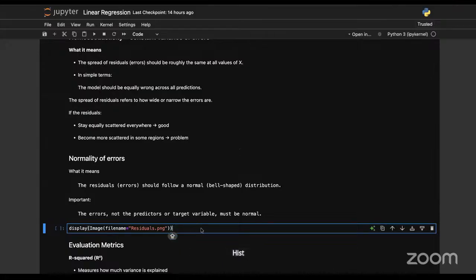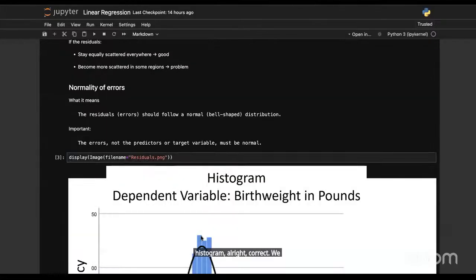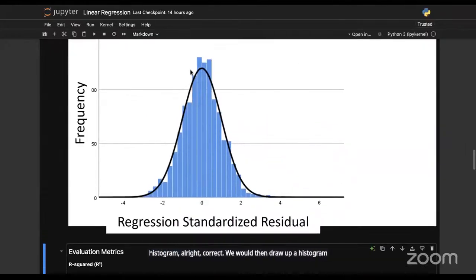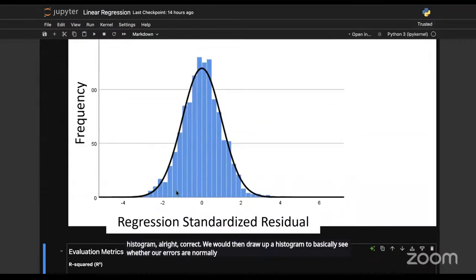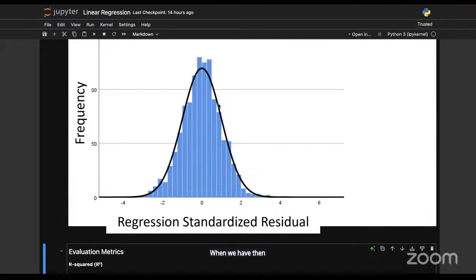Histogram. All right, correct. We would draw up a histogram to see whether our errors are normally distributed. We want to make sure that this is what our errors look like when we have created our model, right?